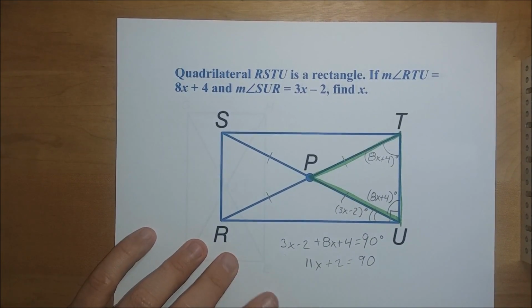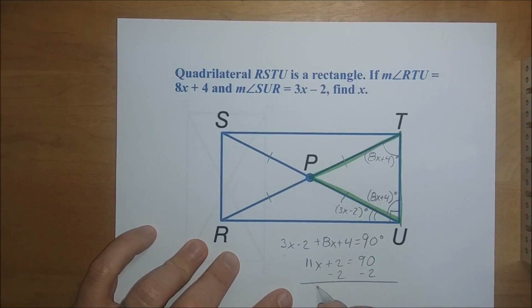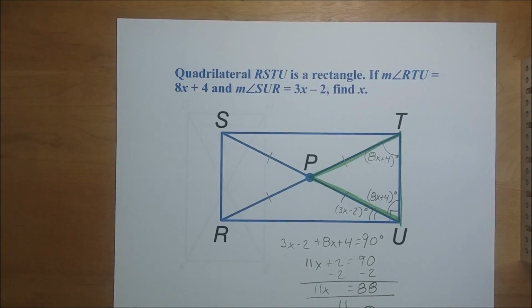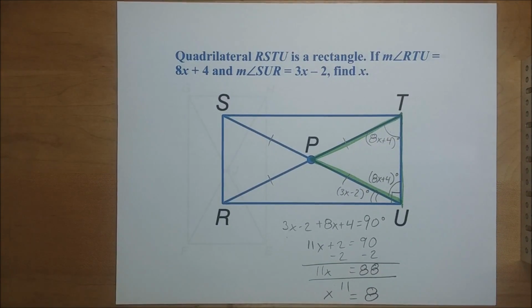And we can subtract 2 from both sides here to solve for x. We get 11x equals 88. If we divide both sides by 11, we get x equals 8. Okay? Can everybody see that?